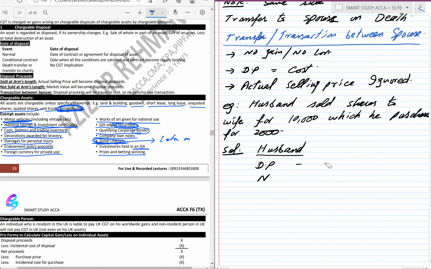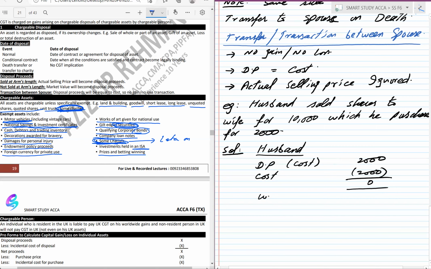We don't need to prepare any calculations over here, but I can explain it to you. Disposal proceeds will be equal to cost, which is £2,000. Cost is equal to cost, which is £2,000. So there is no gain, no loss for the husband.